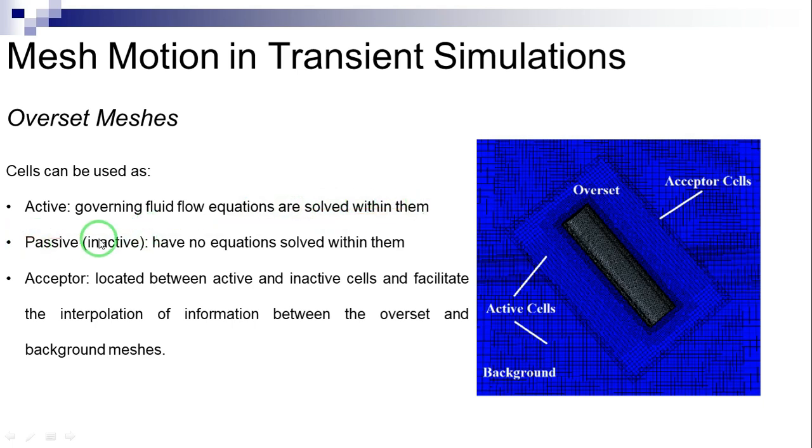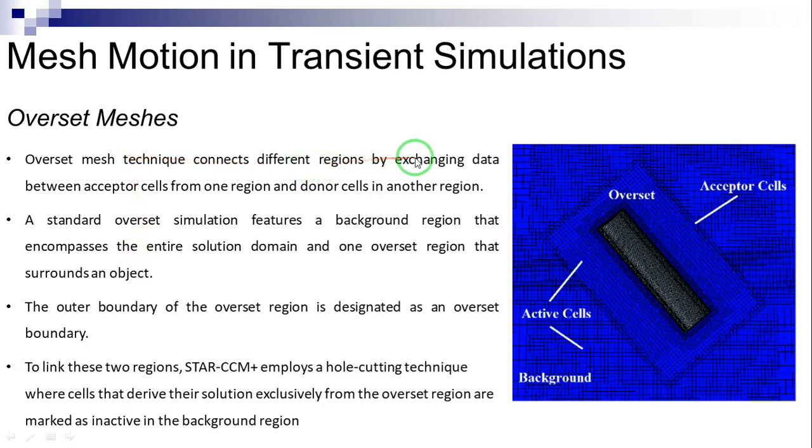Passive cells, also referred to as inactive cells, have no equations solved within them. Acceptor cells are located between active and inactive cells and facilitate the interpolation of information between the overset and background meshes. Consequently, the overset mesh technique connects different regions by exchanging data between acceptor cells from one region and donor cells, designated active cells, in another region.